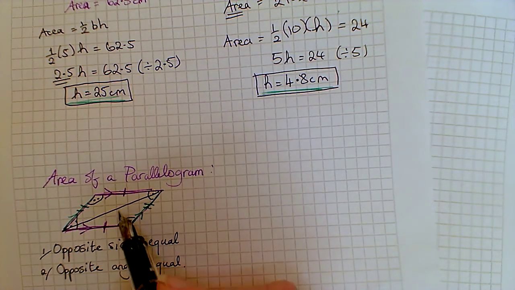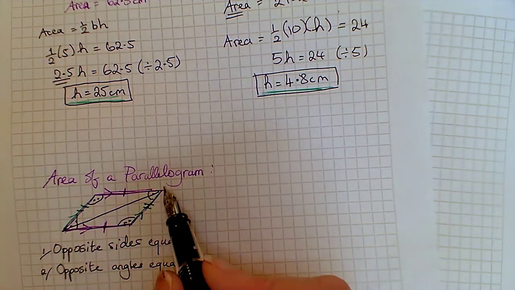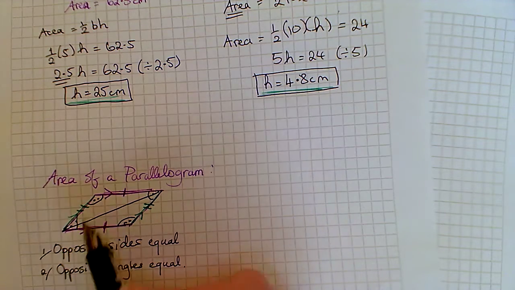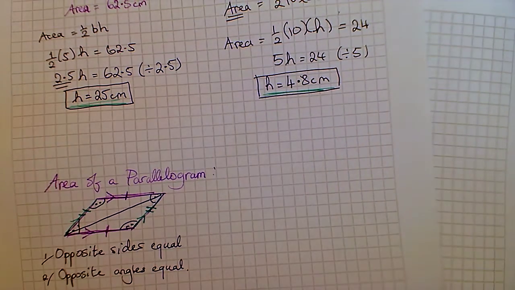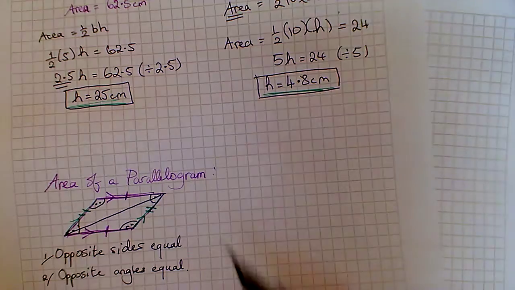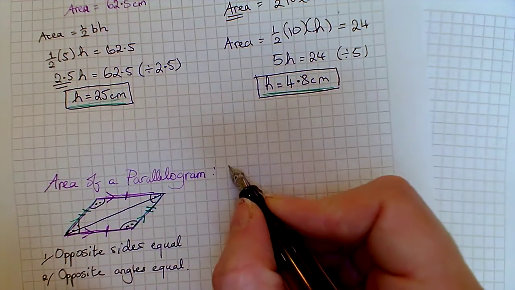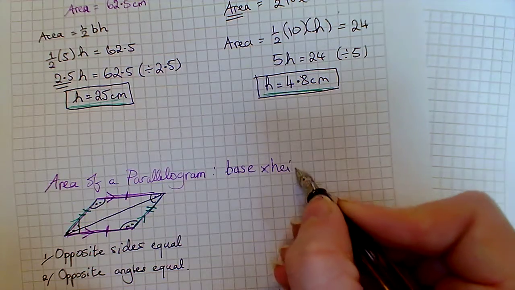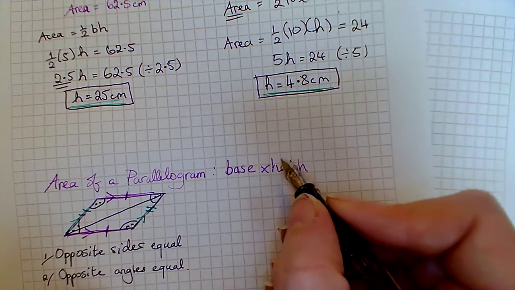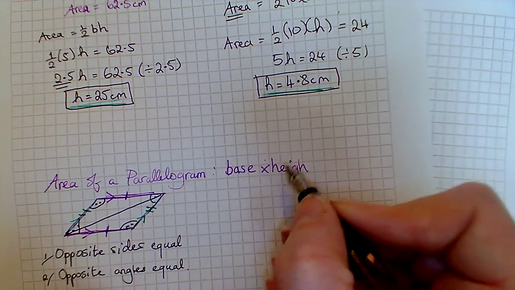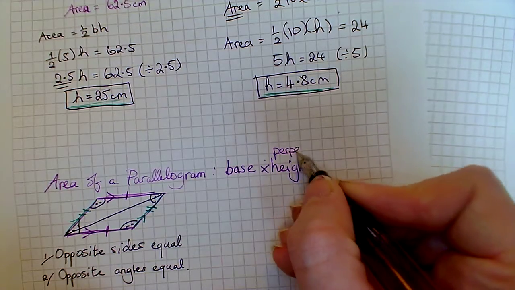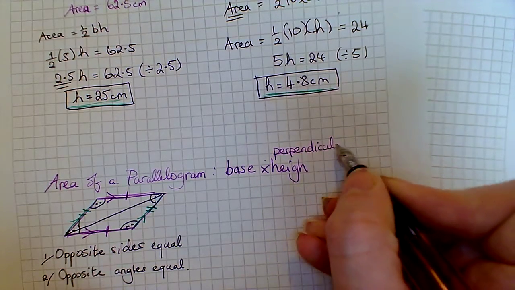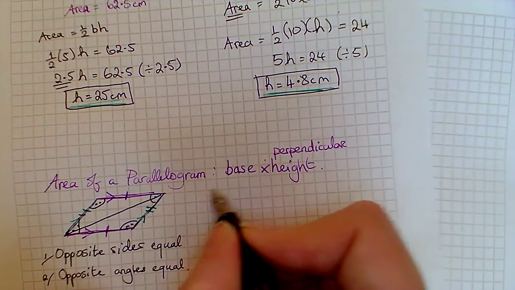So if one triangle is half the base by the perpendicular height, and I have two of them, I have 2 times half the base by the perpendicular height. The area of a parallelogram is its base multiplied by its perpendicular height.